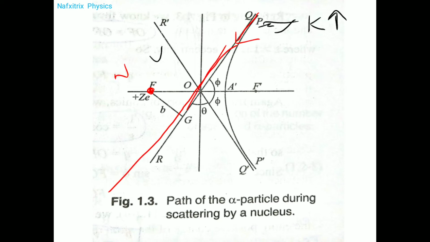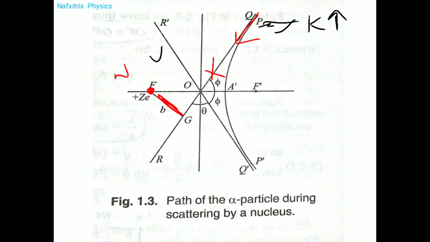If it goes in this direction, then the minimum distance of approach to the nucleus is nothing but this perpendicular distance B. This is the minimum distance between the alpha particle and the nucleus. But actually the alpha particle never goes in this direction. This asymptotic path is just our imagination.